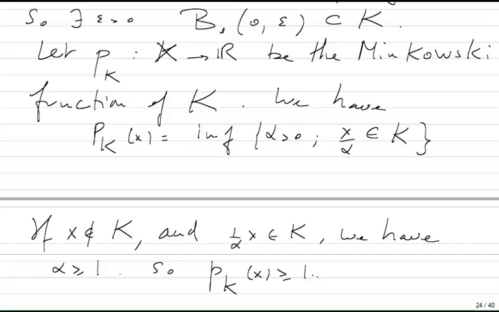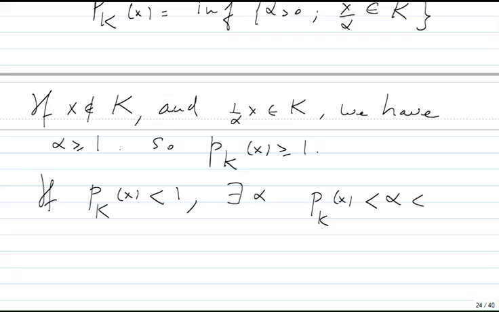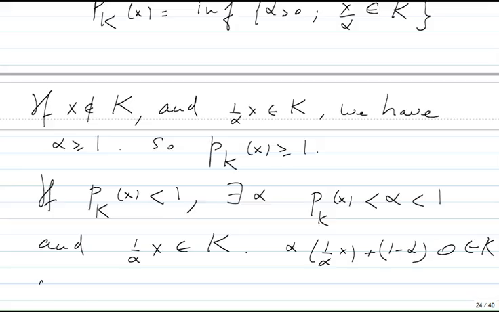Conversely, if pk of x is less than 1, then there exists an alpha between pk of x and 1, with pk of x less than alpha less than 1, and 1 over alpha x belongs to K. Again, by convexity, because 0 is there, we have alpha times 1 over alpha x plus 1 minus alpha times 0 belongs to K, so x belongs to K.